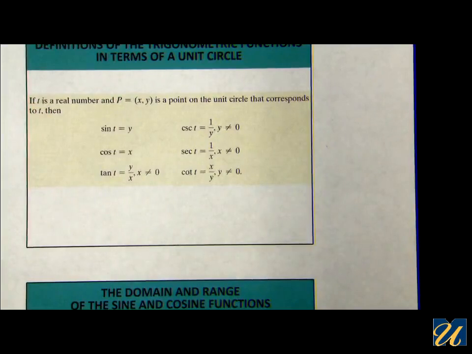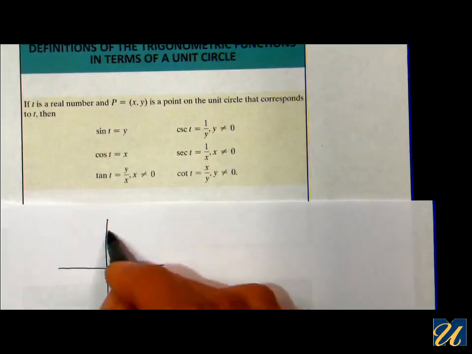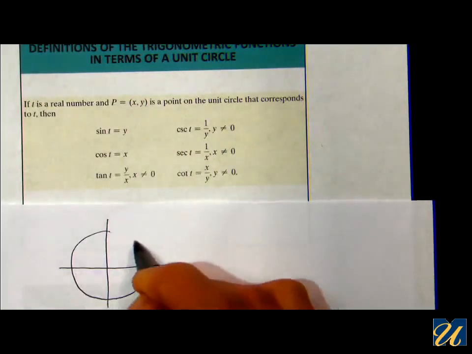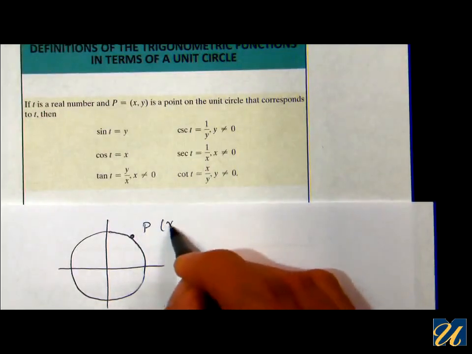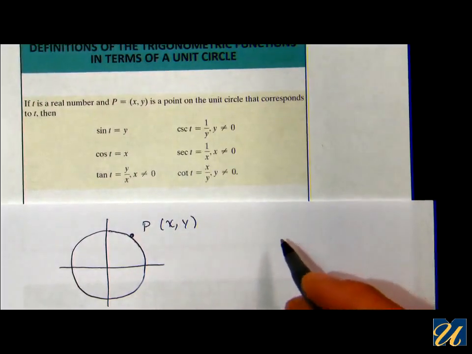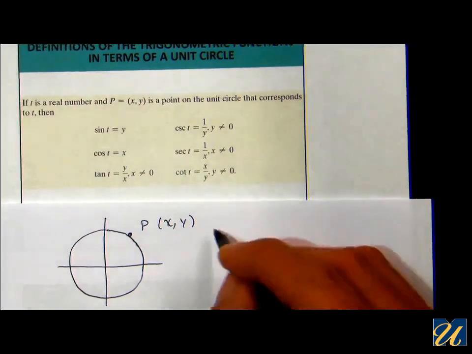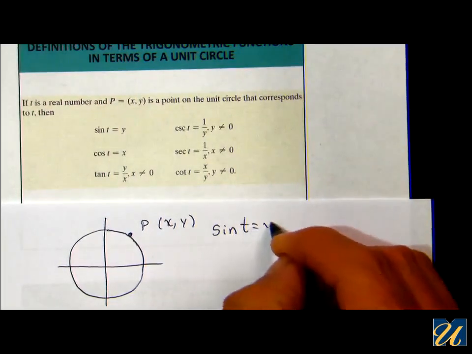why is that consistent? Well, since we have a unit circle of radius 1, we have point P. Let's suppose it's here. So P has coordinates x, y. We say that sine of t is the y coordinate.